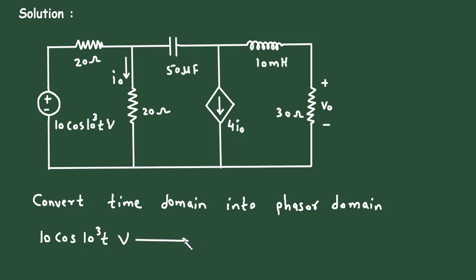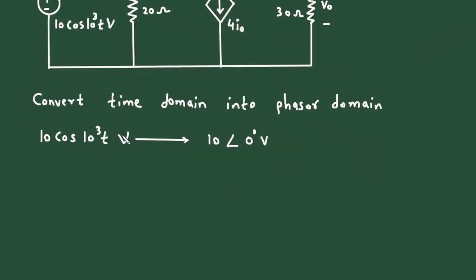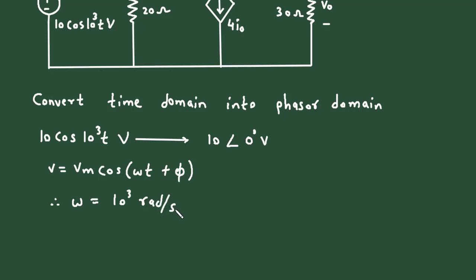So this will be converted as 10 at an angle 0 degree volt. Now if we compare this with the standard expression, that is v = Vm cos(omega t + phi), the value of omega is 10 to the power 3 radian per second.